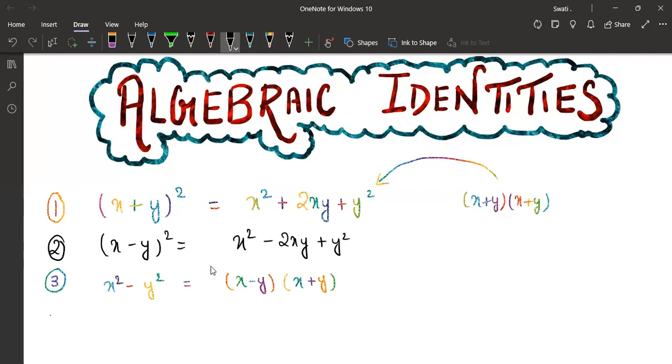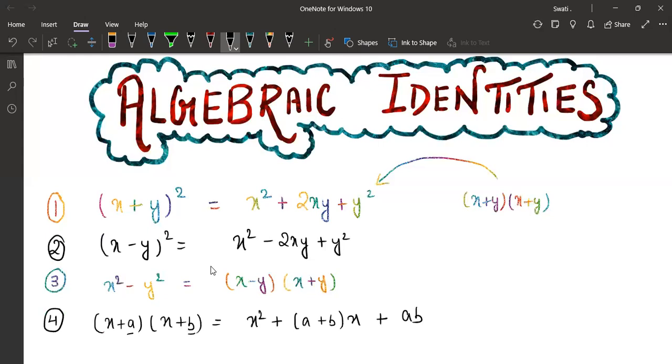Moving ahead to the next formula: if we have x plus a multiplied by x plus b, then we write that as x squared plus a plus b, multiplied by x, plus a multiplied by b.